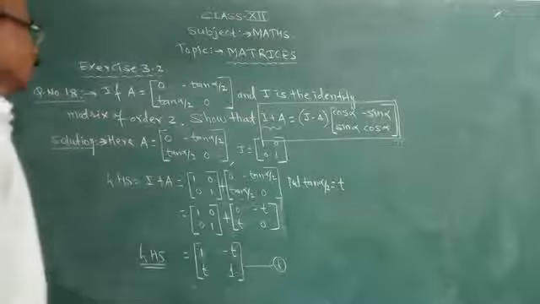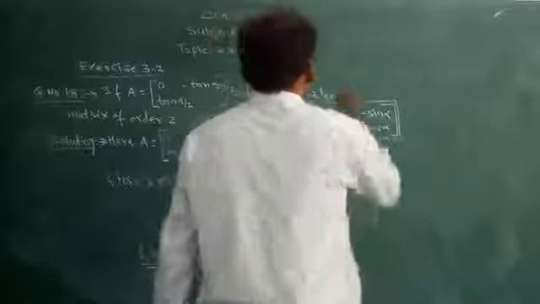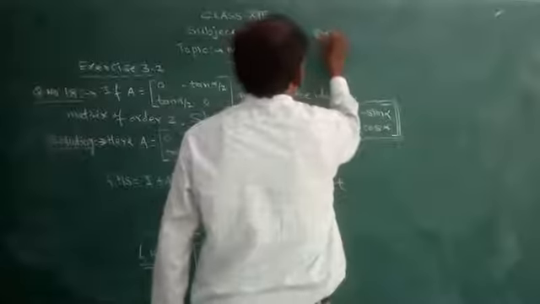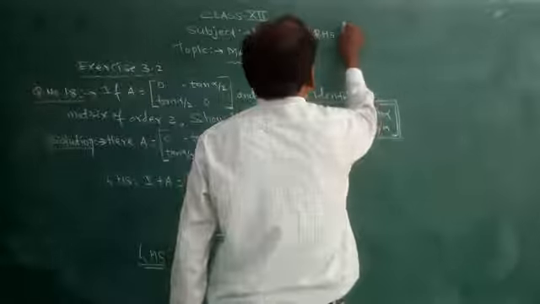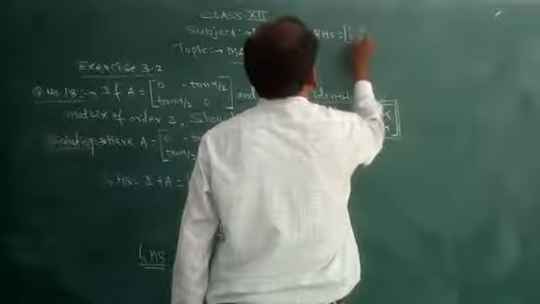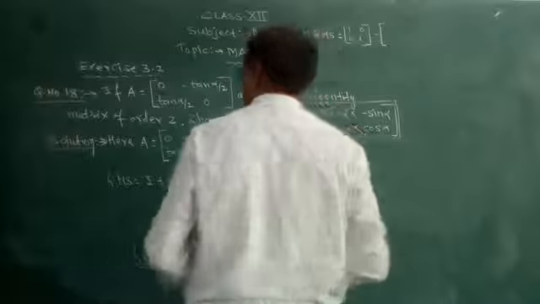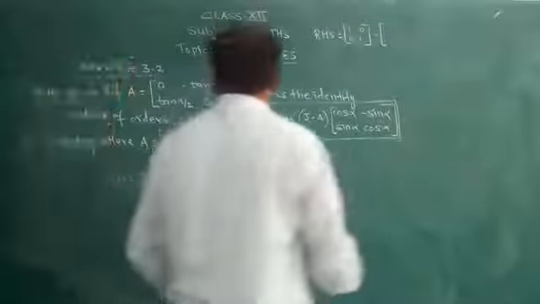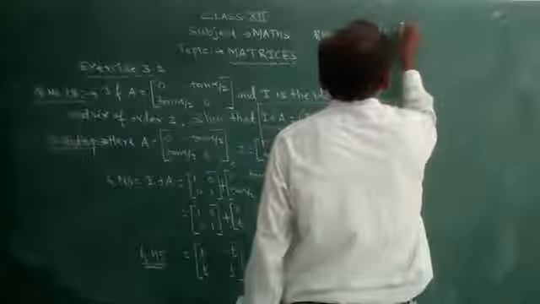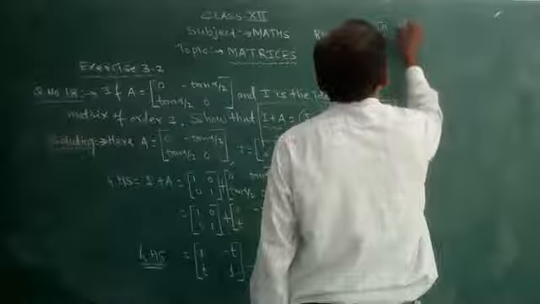Now let us find out the right hand side. So right hand side equals I minus A, that is 1 0 0 1 minus A, where A is 0, minus T, T and 0.